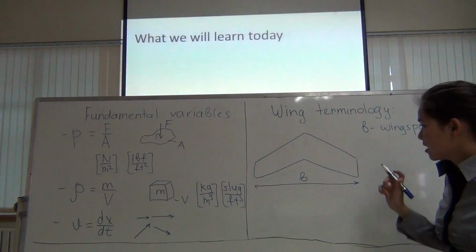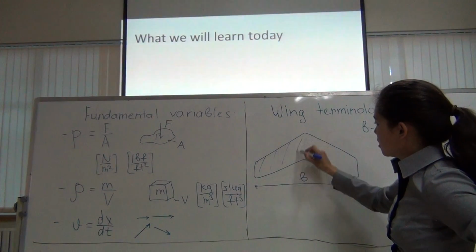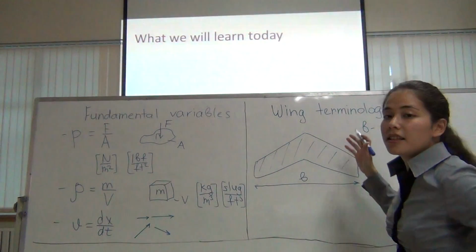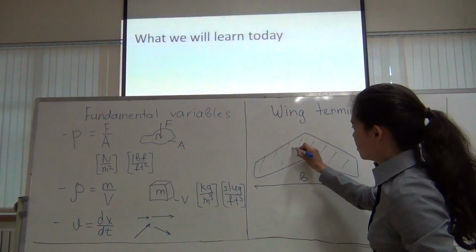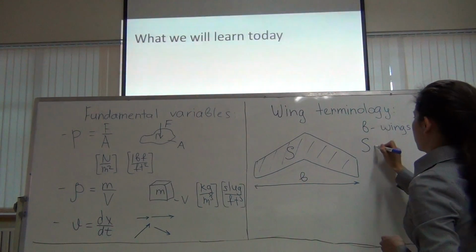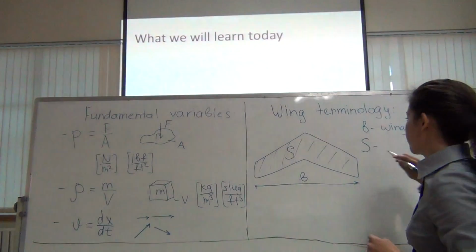Alright, next one is the area of the wing. So wings can be different shapes, but area is measured without taking into account the shape. So let's denote it as S. Also, it can be called planform area.